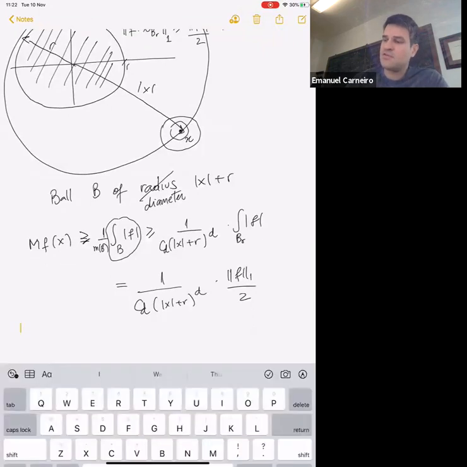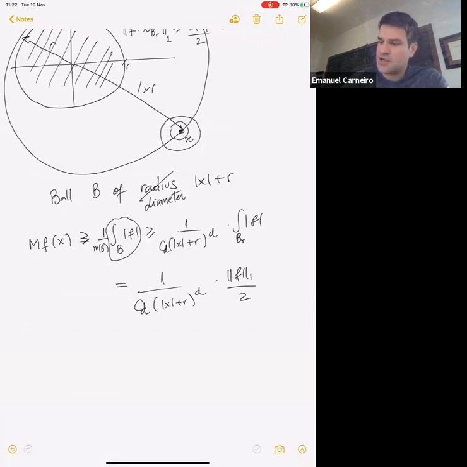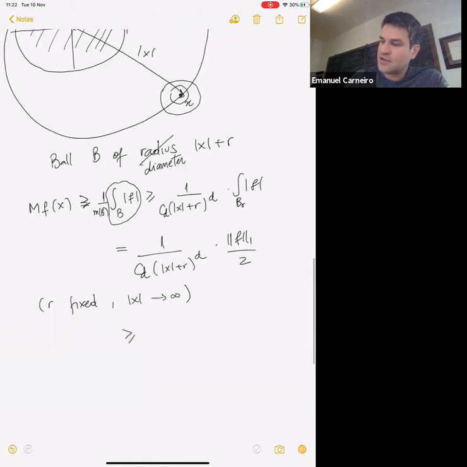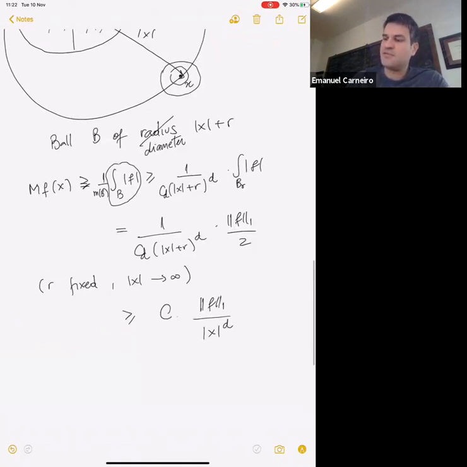But there you have it, since r is fixed and x goes to infinity, of course this is bigger or equal than a certain constant times the L1 norm of f over modulus of x to the d. Because this is what's dominating the denominator here, x to the d.